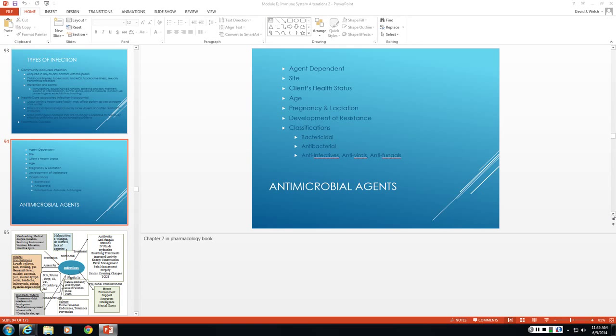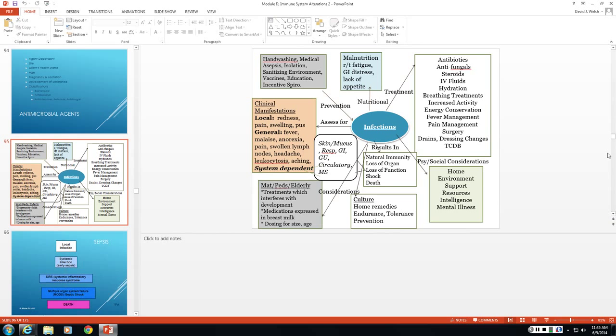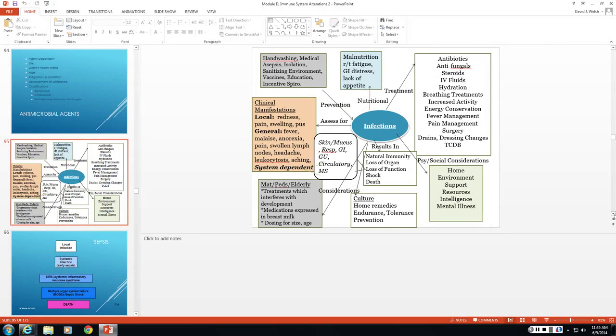So all these things they look at before prescribing. And here's just a concept map with different things about infection. That's on slide 95.